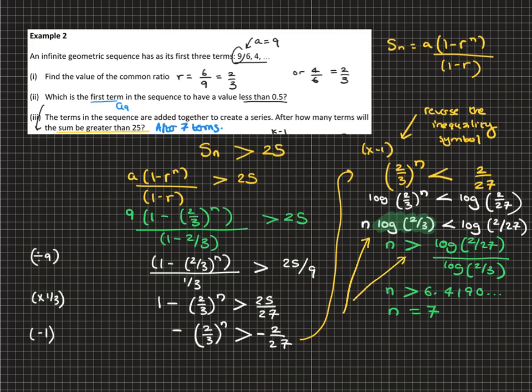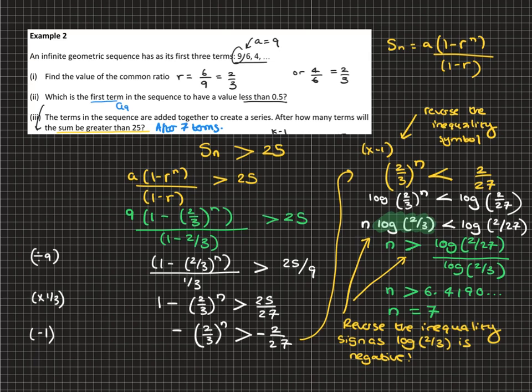So we reverse the inequality sign as log of 2/3 is negative. Now, log of a value that is smaller than 1 will give you a negative result.